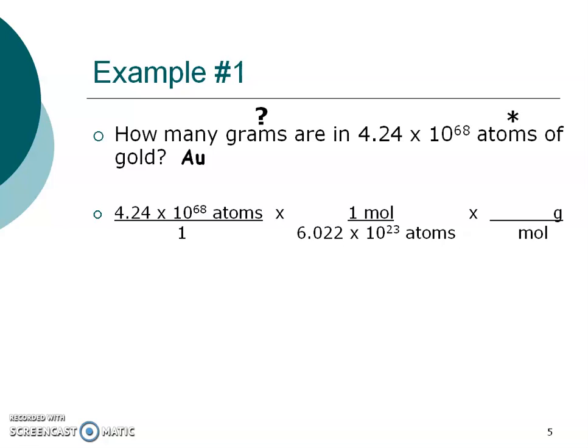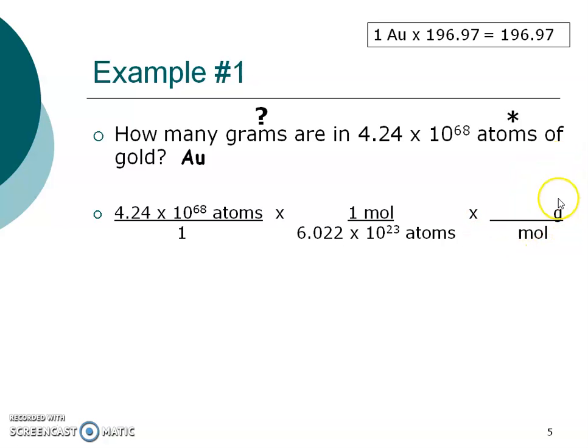We're going to need to pause the video and get out that periodic table and find the mass of Au. When we do that, we find it to be 196.97. Remember, this really represents 196.97 grams per mole. Or we could say for 1 mole, we have 196.97 grams.